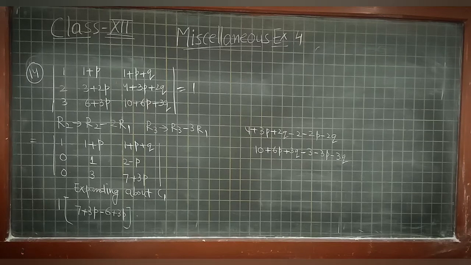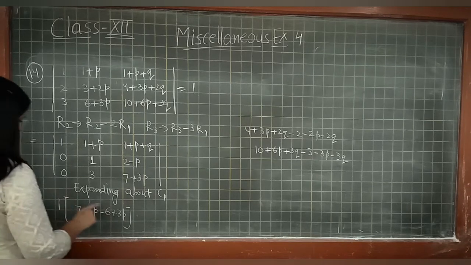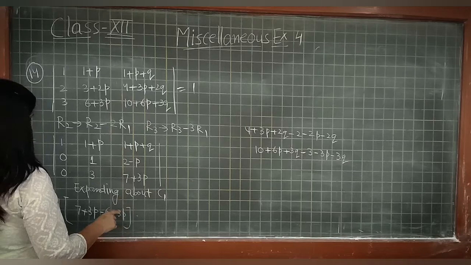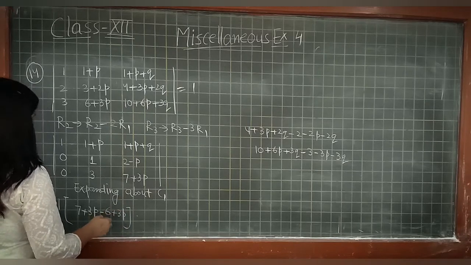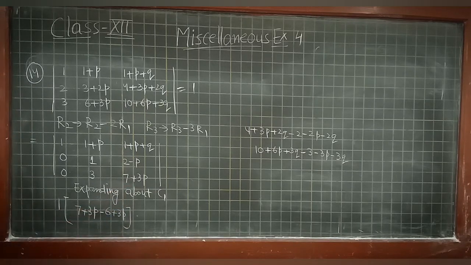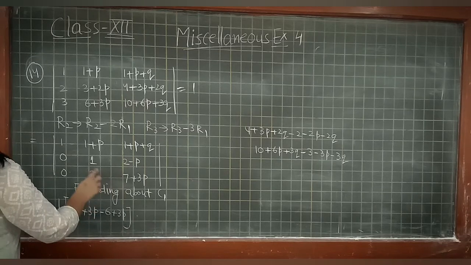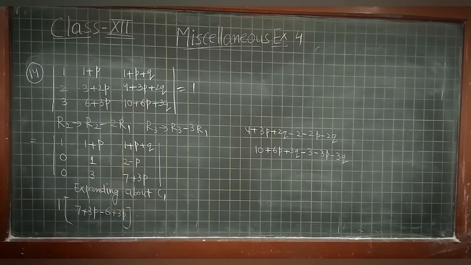Okay, so what we have to do? This 7 minus 3P. Is it 7 plus 3P or minus 3P? So it is 7 plus 3P only, and then again here also we have to check. Is it 2 minus P?